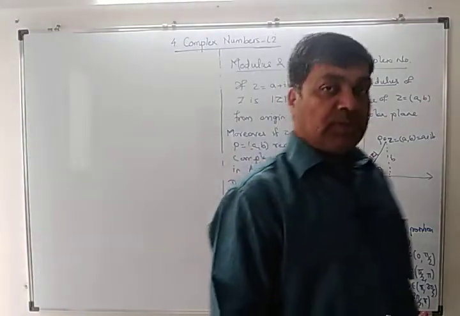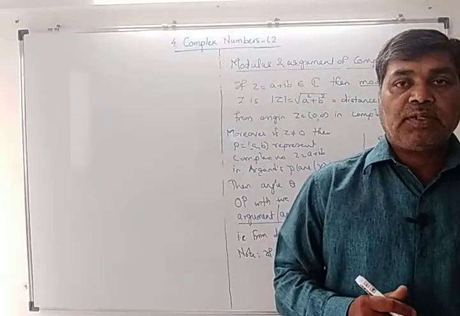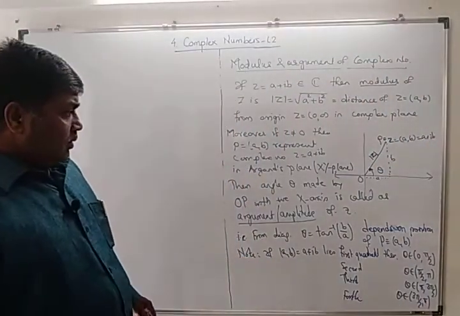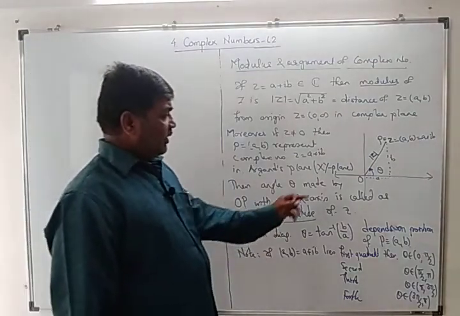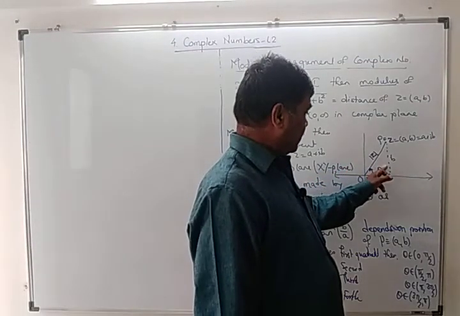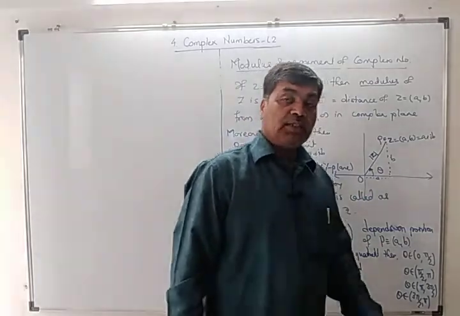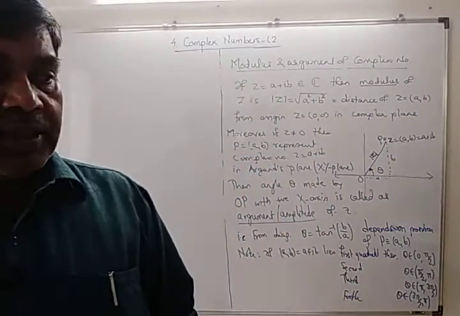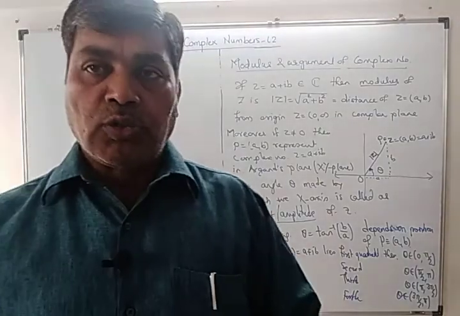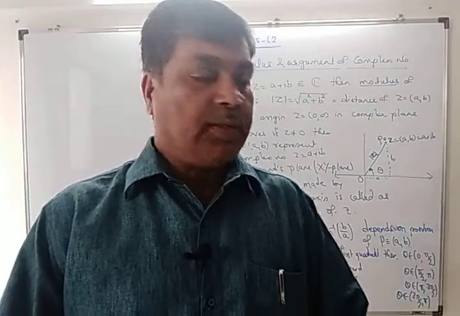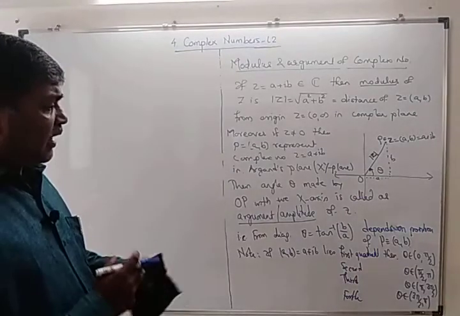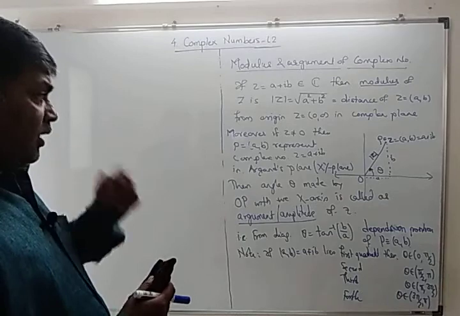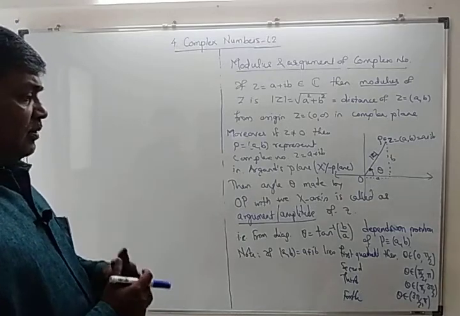Tan is a periodic function with period pi. If theta is the argument, then theta plus 2 pi is also an argument. If theta is an argument, then theta plus 2n pi is also an argument. So the value of theta lying between minus pi to pi is known as the principal argument.